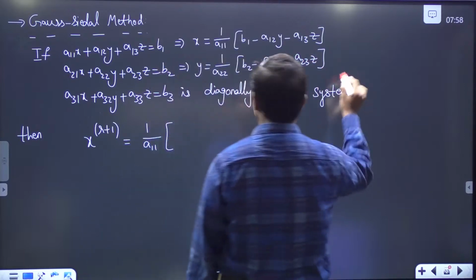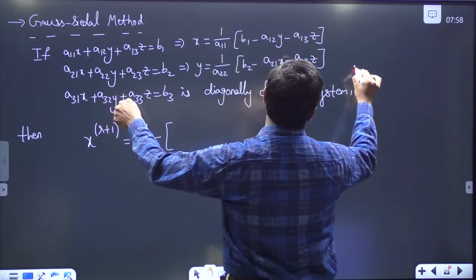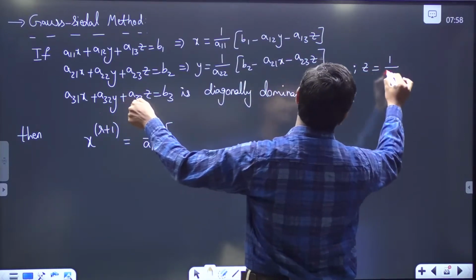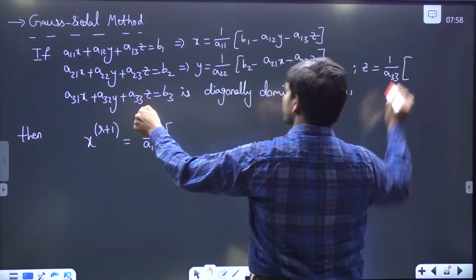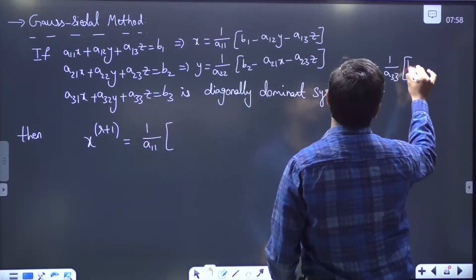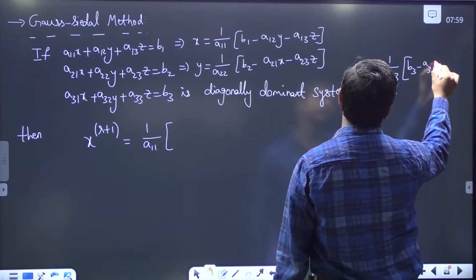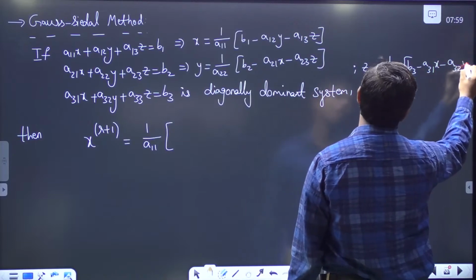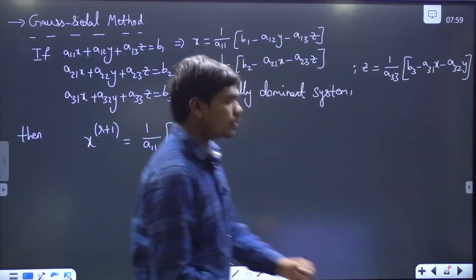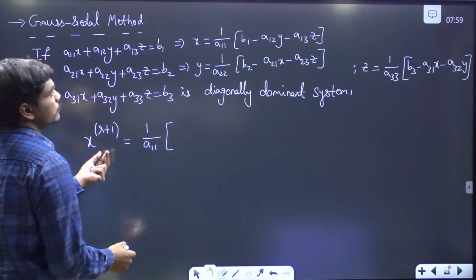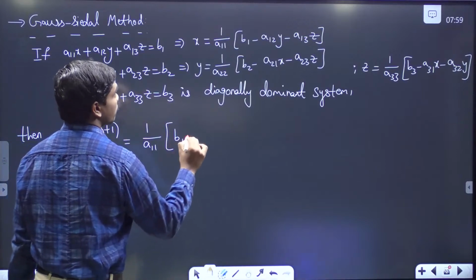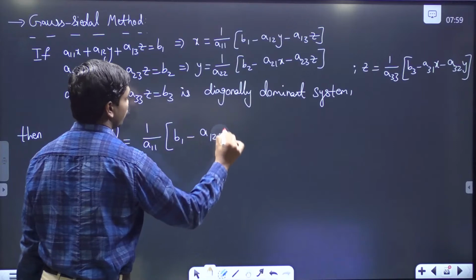Similarly, from the third equation, z is equal to 1 by a33 into b3 minus a31x minus a32y.